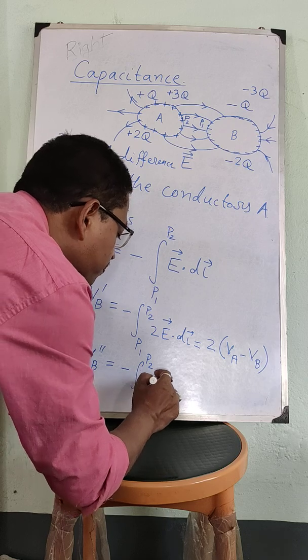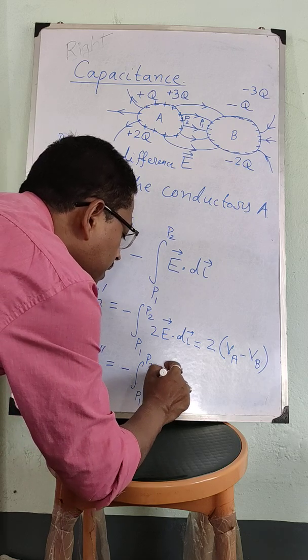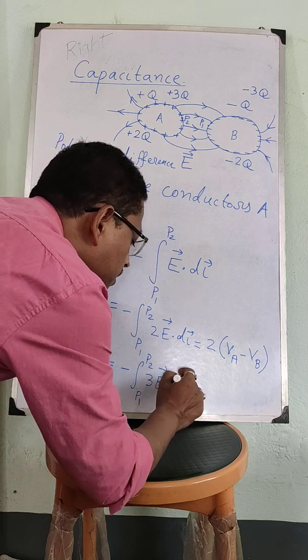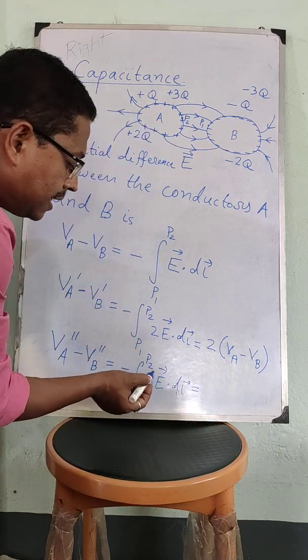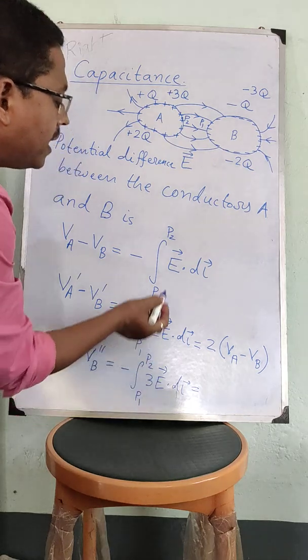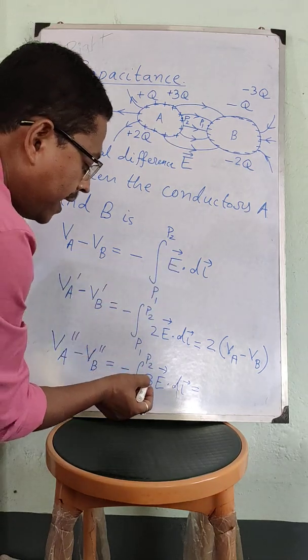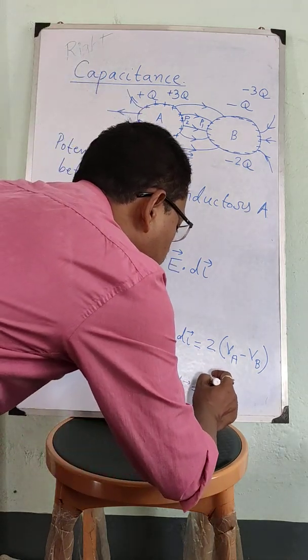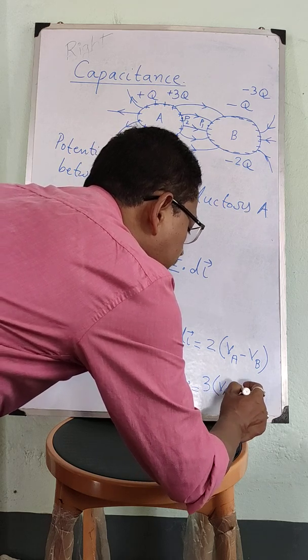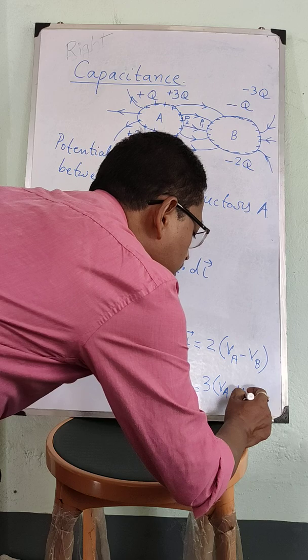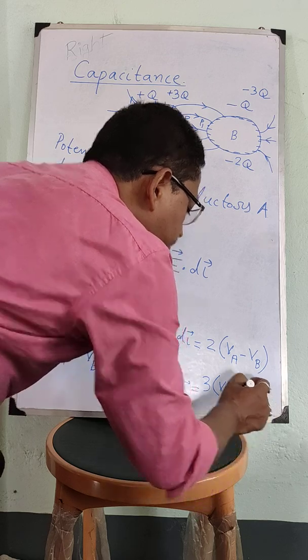So 3E dot dl. So this is equal to, see, integration E dot dl, that is VA minus VB, and it is multiplied by 3. So it is 3 into VA minus VB.